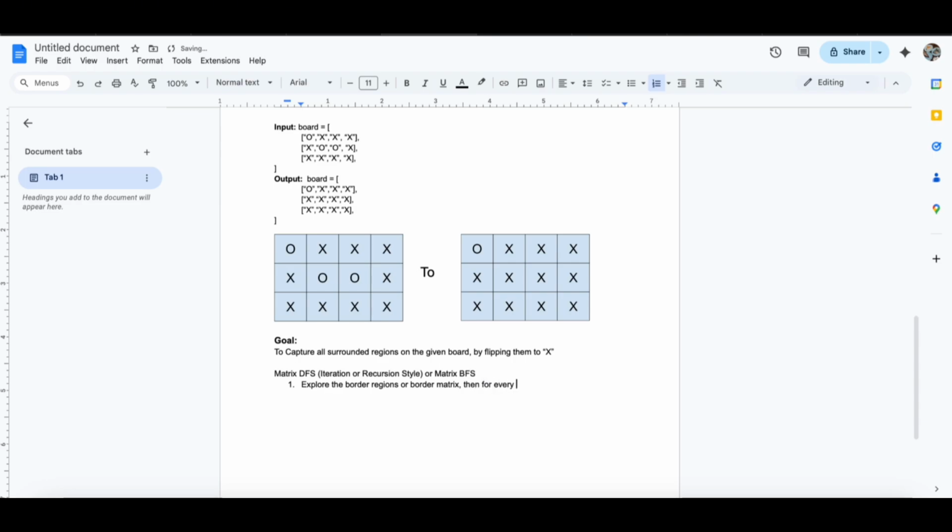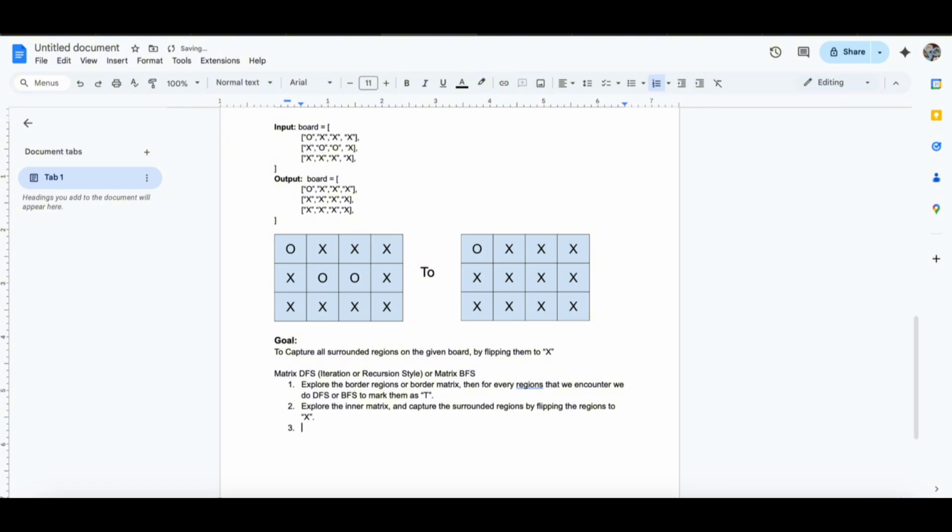For every region that we encounter, we do DFS or BFS to mark them as T. After that, we explore the inner matrix and capture the surrounded regions by flipping them to X, right?